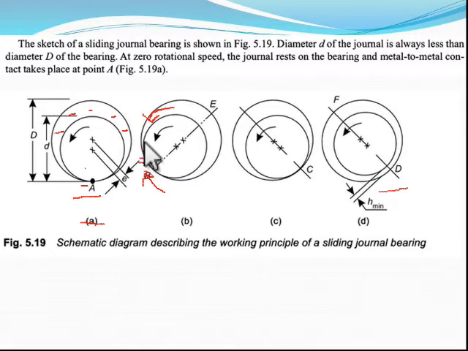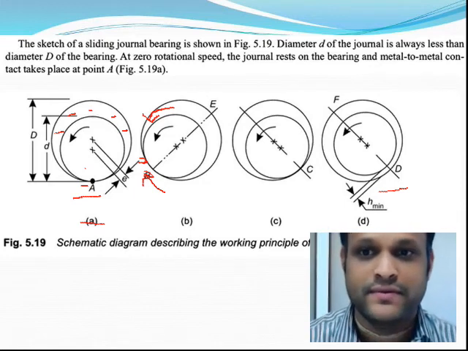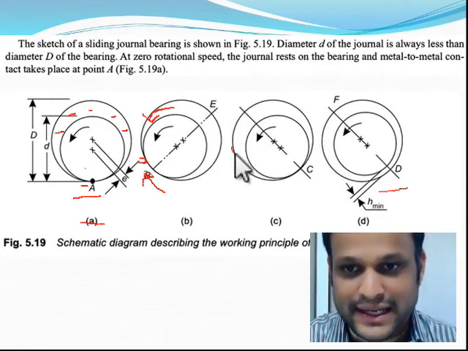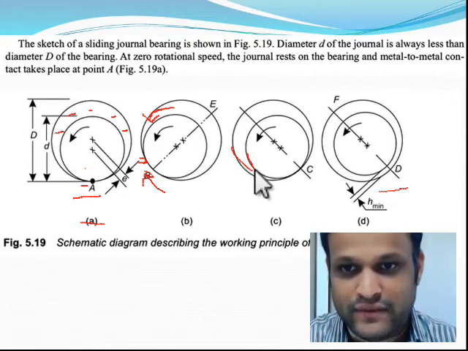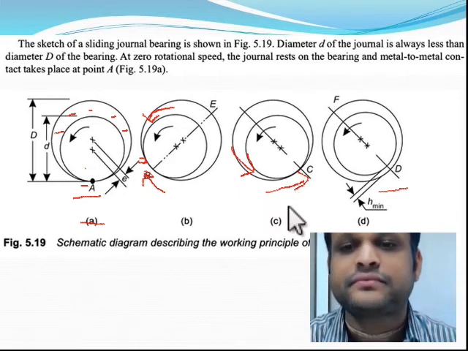And we know from the Hersey diagram that when there is a semi-liquid condition, the frictional coefficient drops very sharply. Because it drops very sharply, this journal slides back because of the reduced coefficient of friction, and because of the inertia, it actually goes back in the opposite direction.